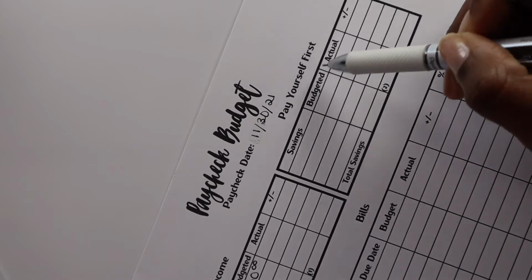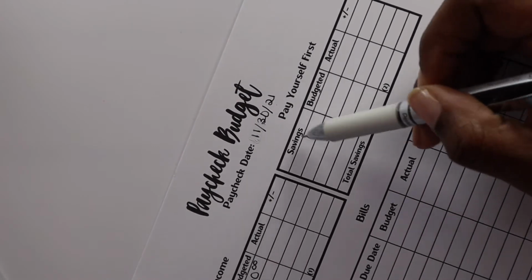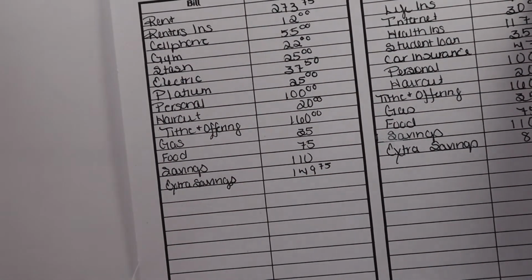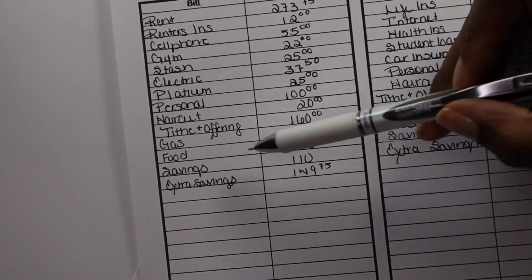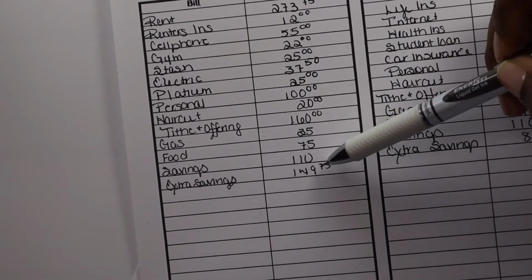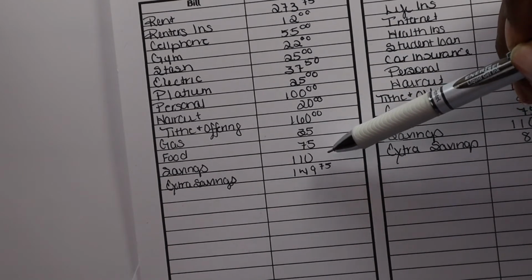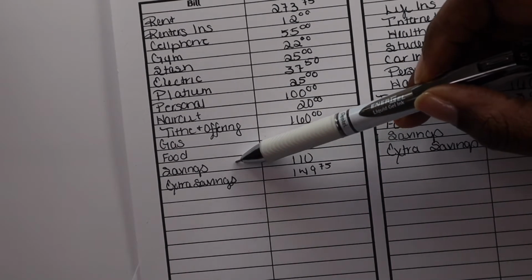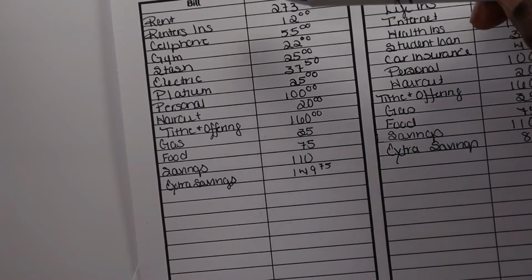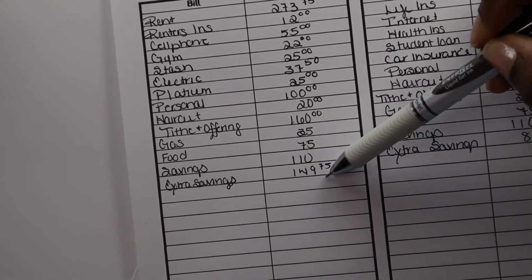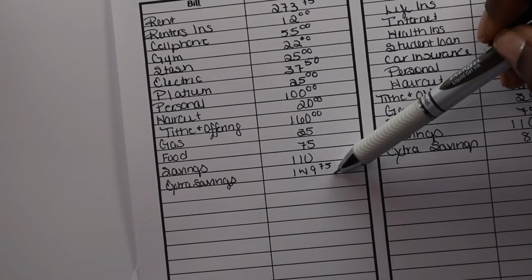I always believe in paying yourself first. In this case, we've already determined from the Paycheck Budget Bill Worksheet that the client normally gives themselves $110 every paycheck. That's how much they save. But we've done some adding, subtracting, dividing, and we have determined that the client does have extra money.